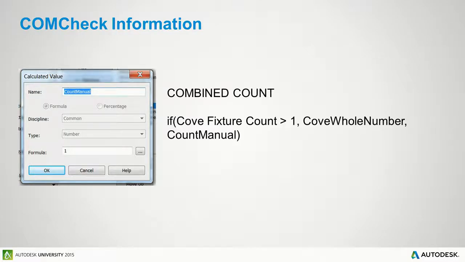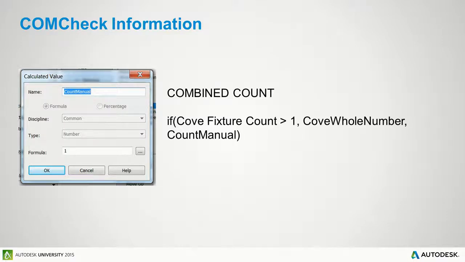So one of the tricky, weird things about Revit is the count field cannot be used in calculations. I really wish it could, but it can't. I cannot grab that data and use it. But one of the ways to work around it is I've created a count manual field, and all it is, it equals 1.